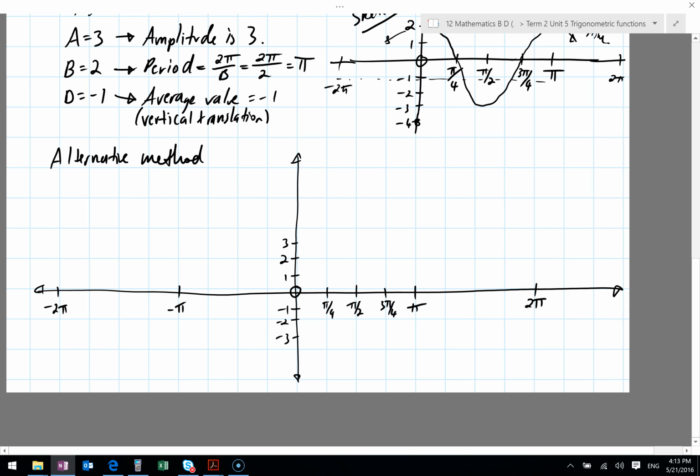Yeah, so some people prefer this method where we draw in the base line in black. Okay, and follow it through for all these ones as well.